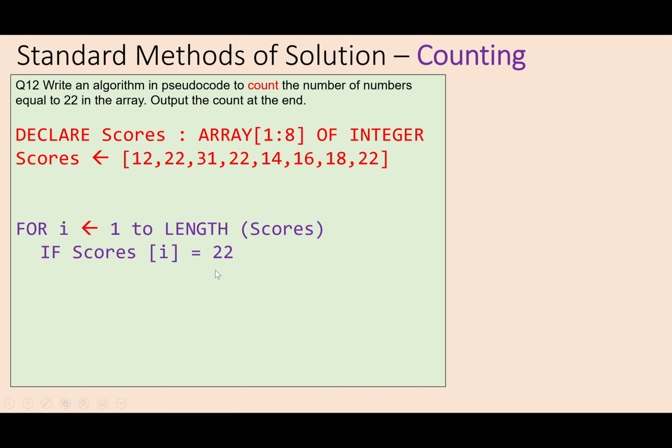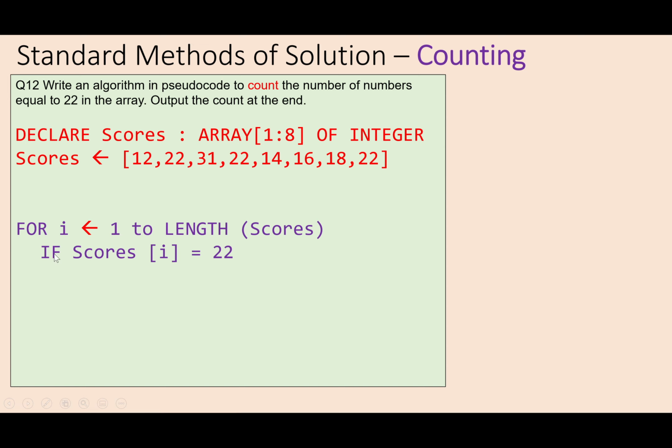Next thing we need to do is see if each element in the array matches the value we're looking for. So we're looking to see if they're equal to 22. So we need to make a decision, and if we need to make a decision, we use an if statement.